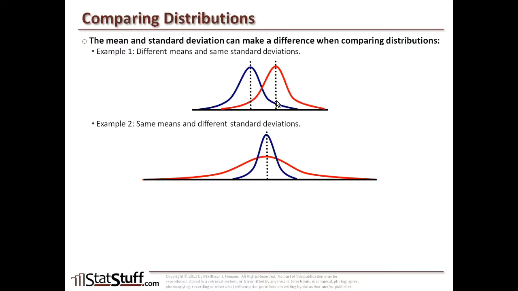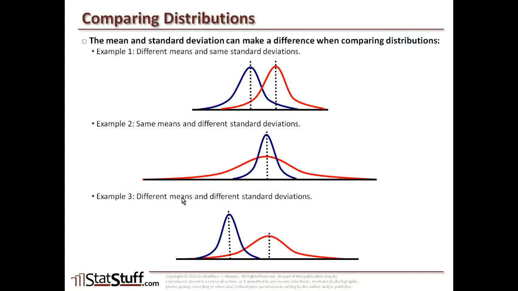Another example is where we have two distributions with the same mean this time, but different standard deviations. The blue one has more of a peak, so there's less variation, versus the red distribution, which is more plateaued in its shape. Because of that, it's more dispersed and more spread out from the central tendency, so it has a much larger standard deviation.